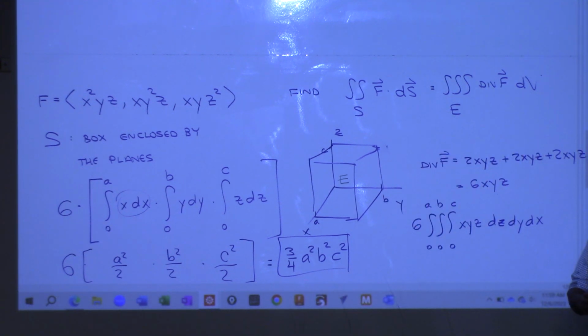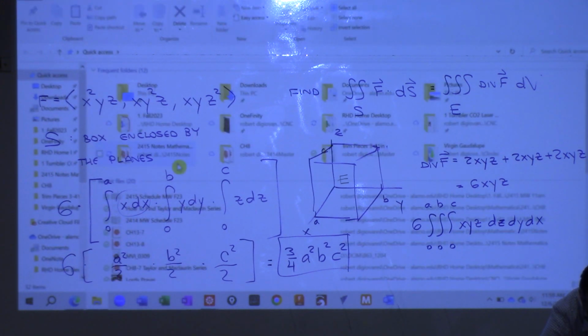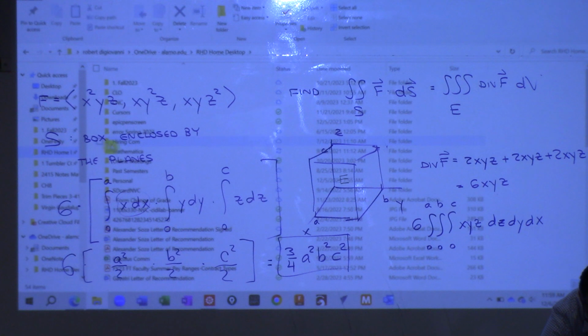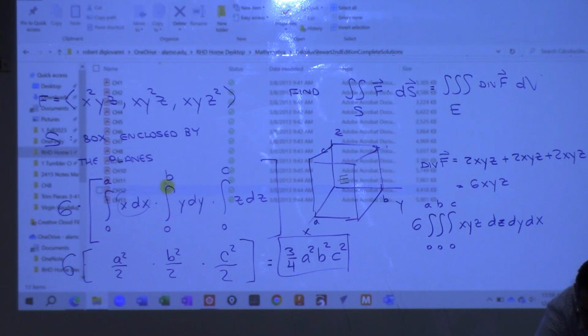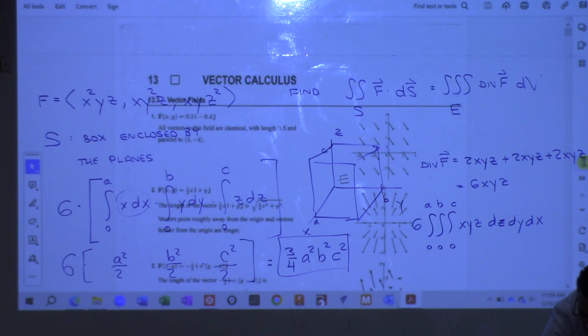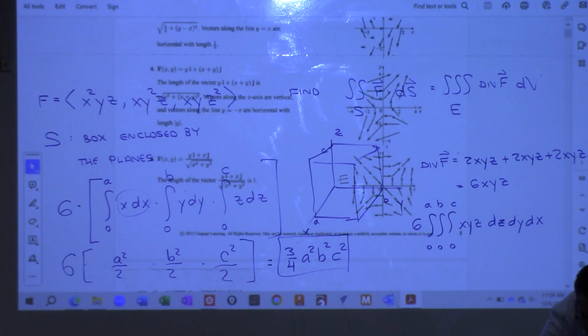I think that was pretty straightforward. Shall we check our answer? Not with the computer, I'm going to check with my solutions. I have a solution manual somewhere. What chapter is this, 13? Should be at the very end.